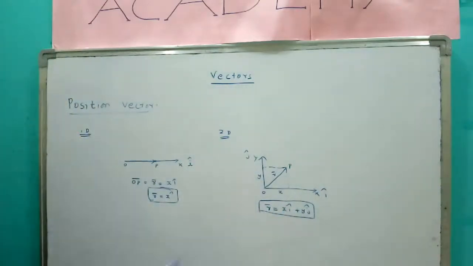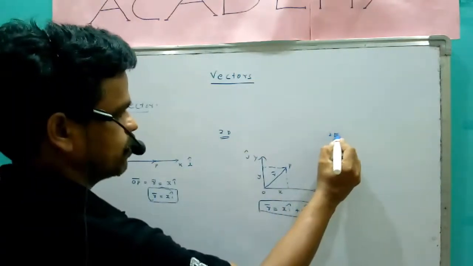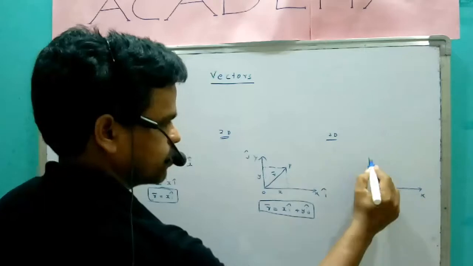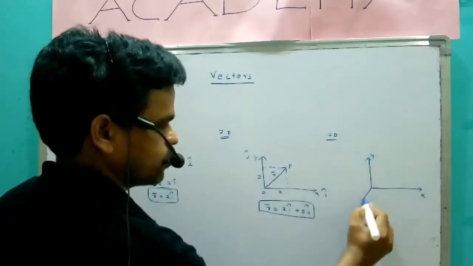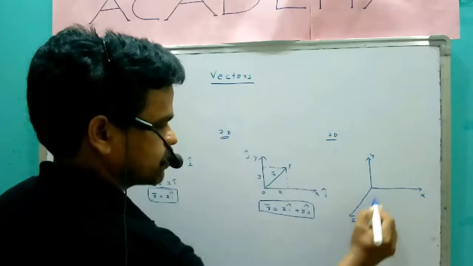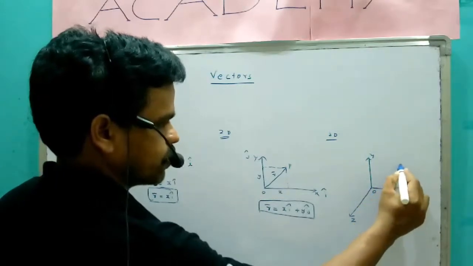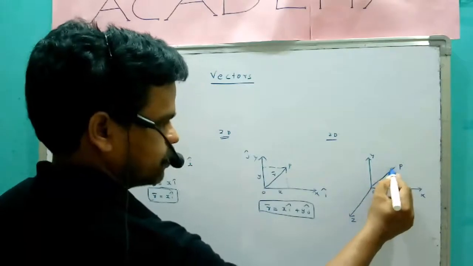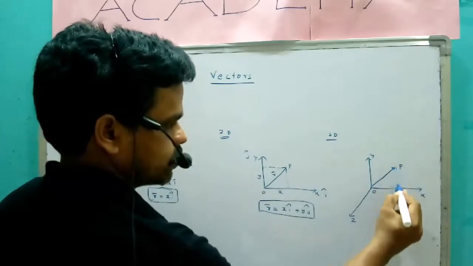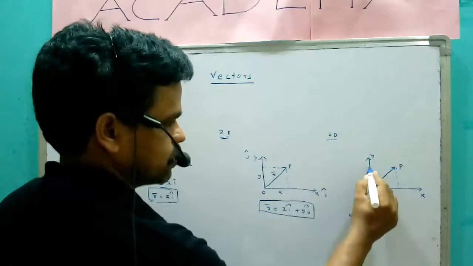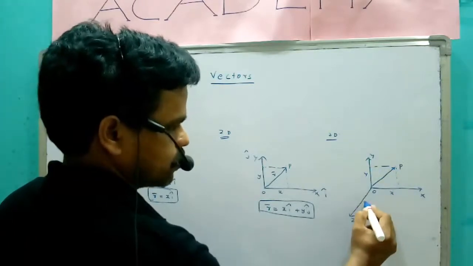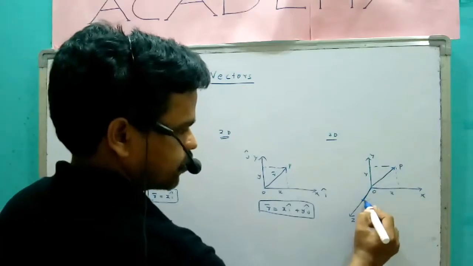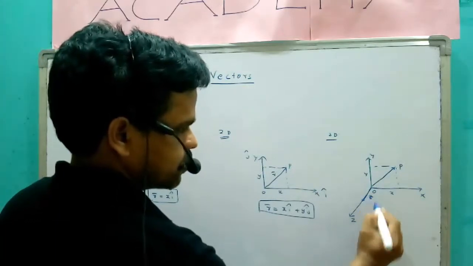If we go to three-dimensional space, in the same way we have the x-axis, y-axis and z-axis. Take a point here and find its position vector. This is the x distance, this is y, and if you project here, we get z.